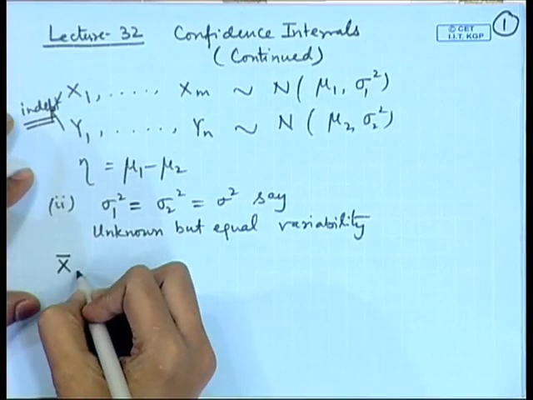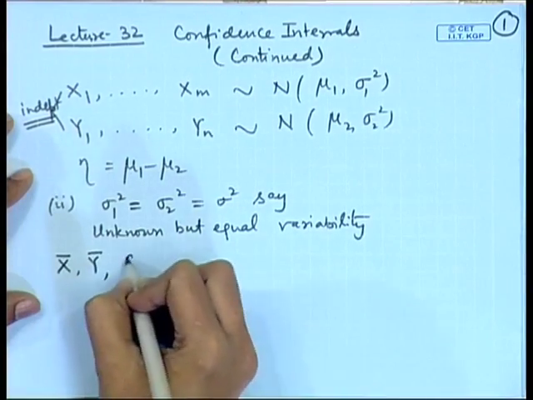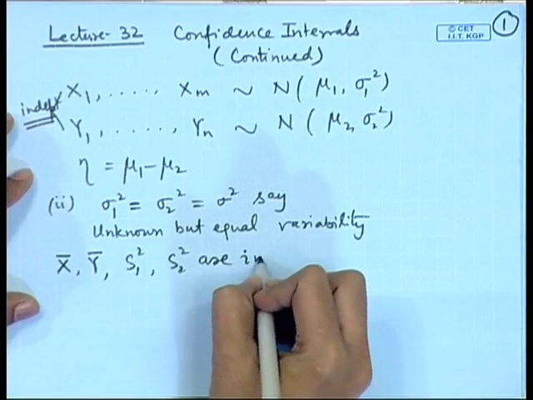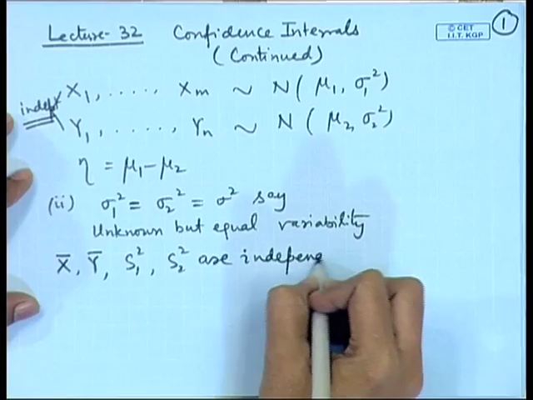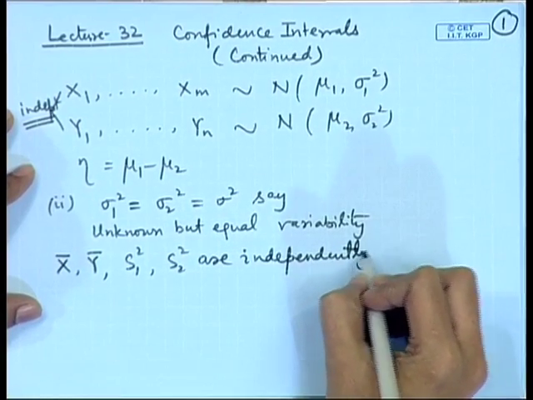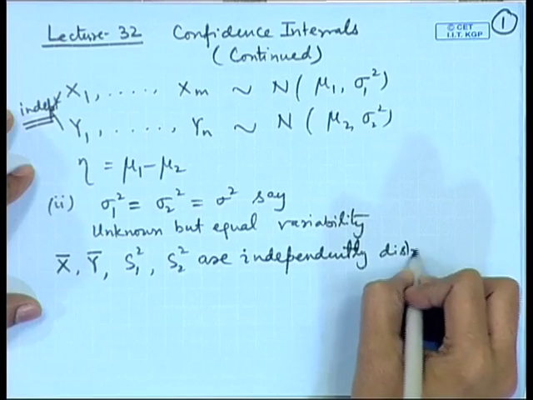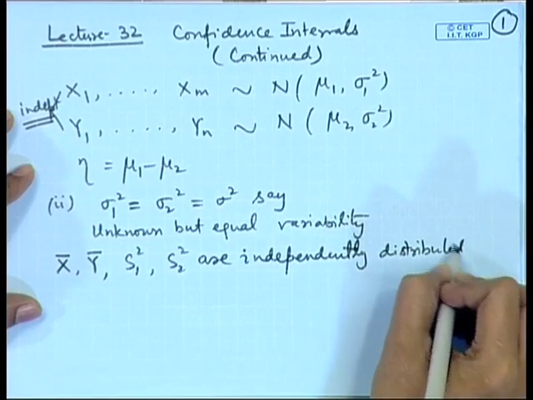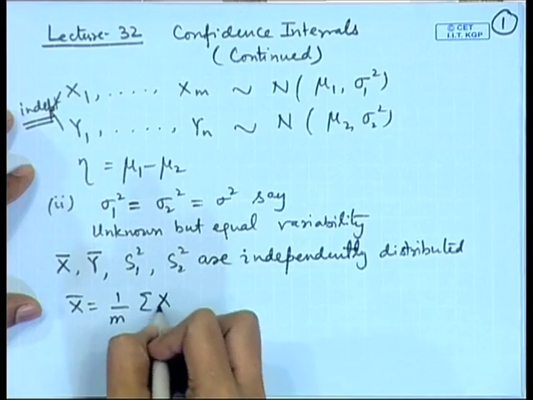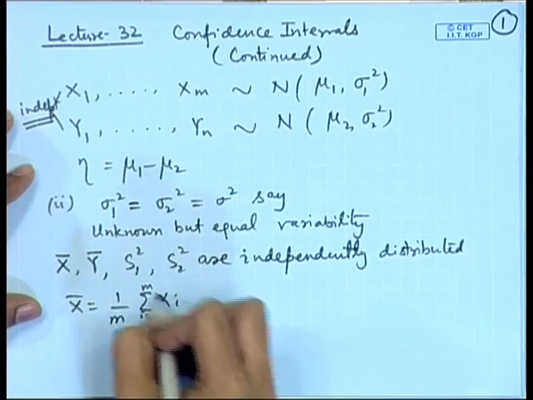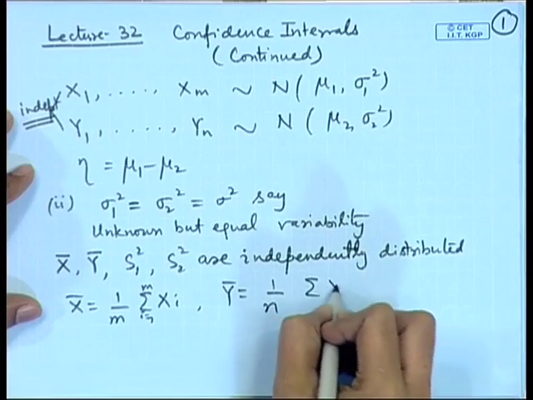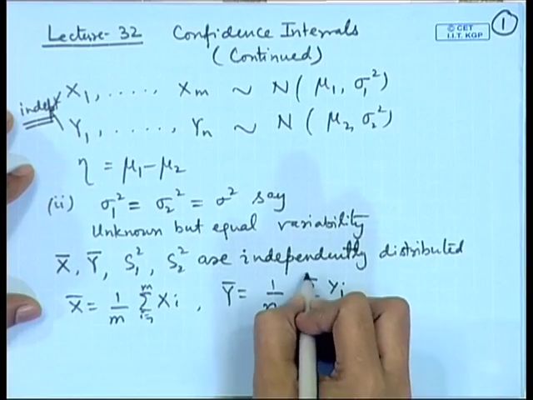So, x bar, y bar, s 1 square and s 2 square are independently distributed. In the sampling from normal distribution, we know this fact. Here x bar is 1 by m sigma x i, i is equal to 1 to m, y bar is the mean of the second sample, that is 1 by n sigma y j, j is equal to 1 to n.